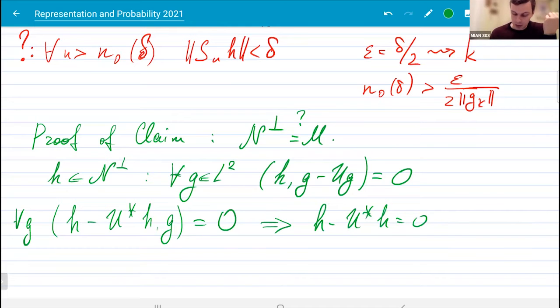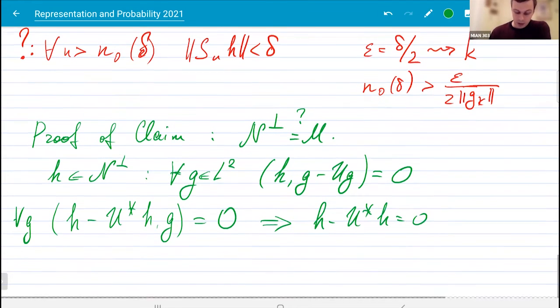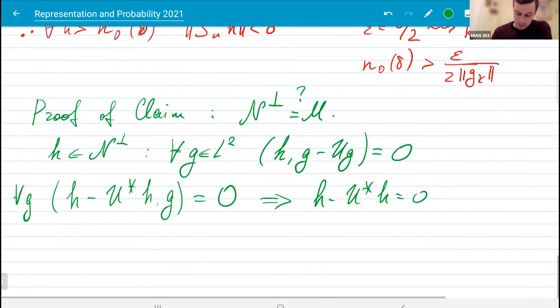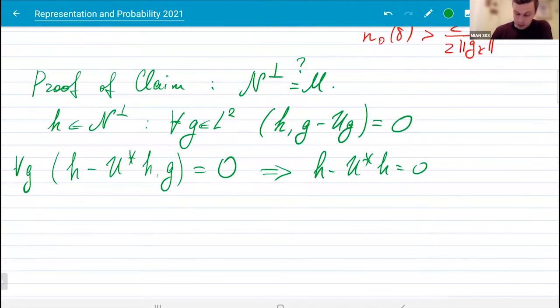I want to prove that h belongs to M, so that h equals Uh. And this is done as follows.